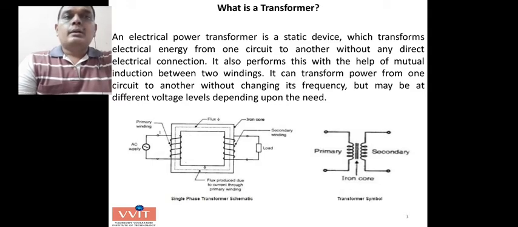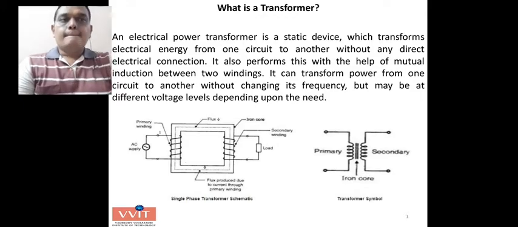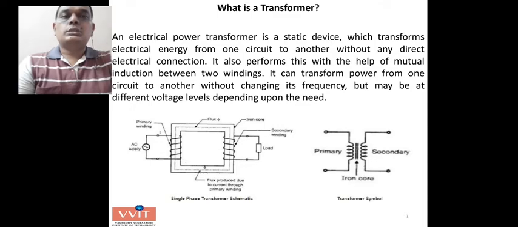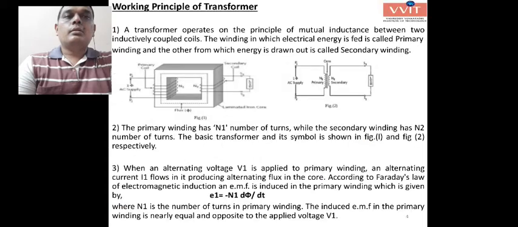It can transfer power from one circuit to another without changing its frequency, but maybe at different voltage levels depending upon the need. The first figure is the schematic of a single phase transformer, and the second one is the symbol.